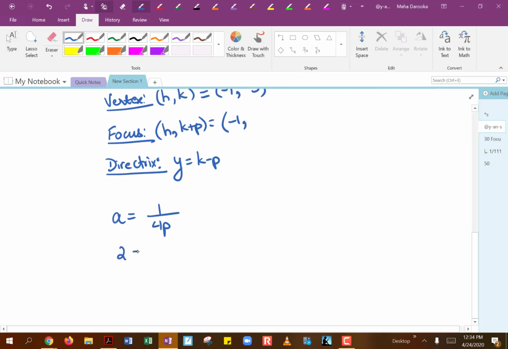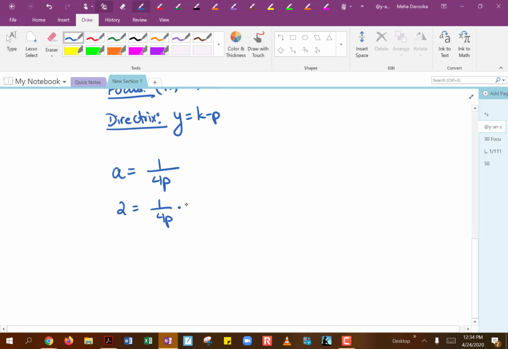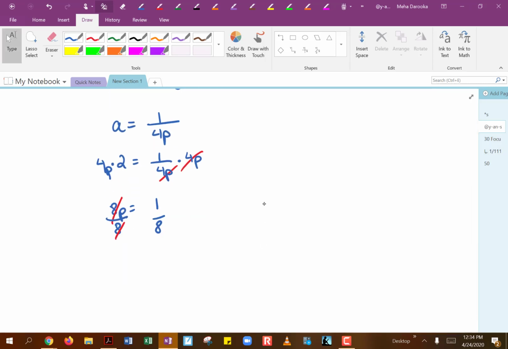So if a is 2, you can work backwards to find p. So I'll go ahead and multiply both sides by 4p. These guys cancel out here. We are left with 4 times 2 is 8p equals 1. To get p by itself, go ahead and divide both sides by 8. And you get p equals 1/8.